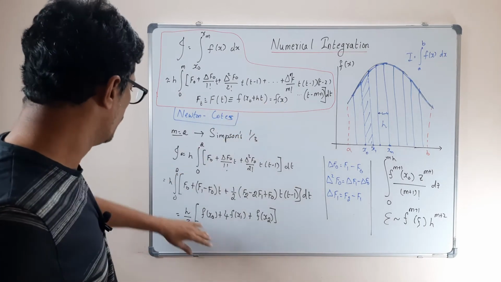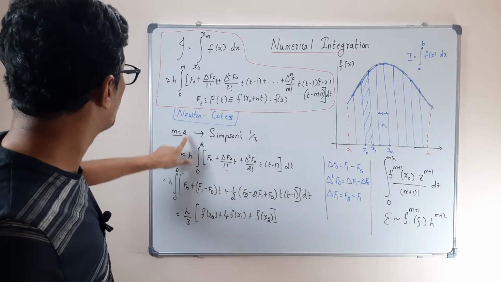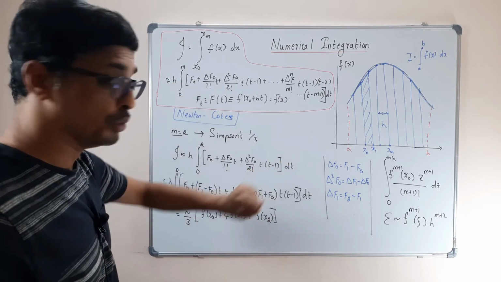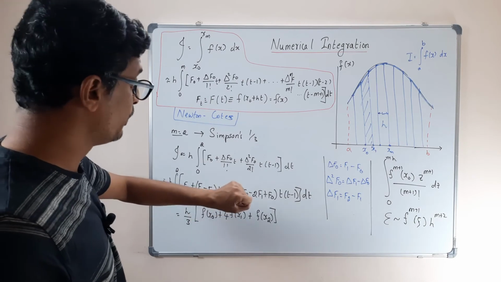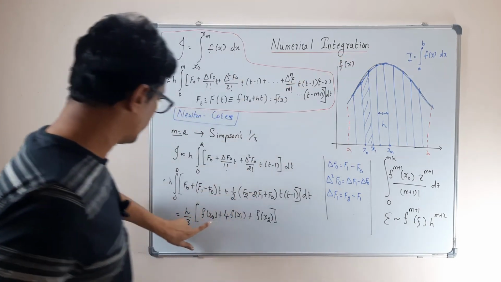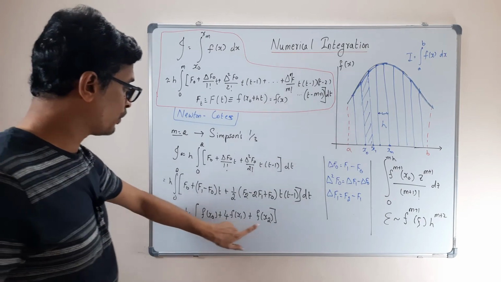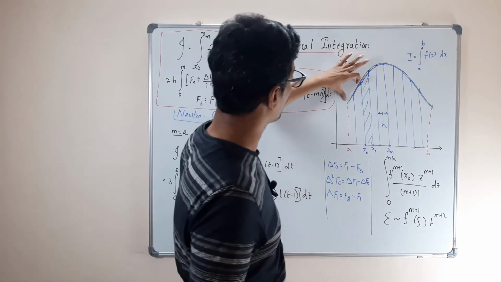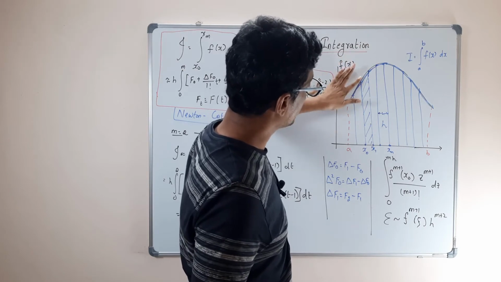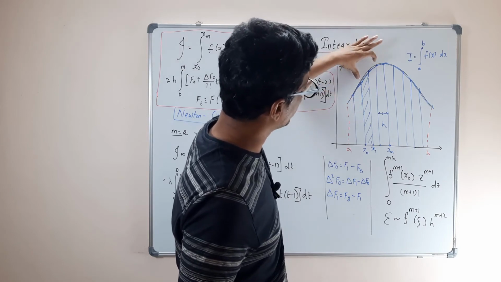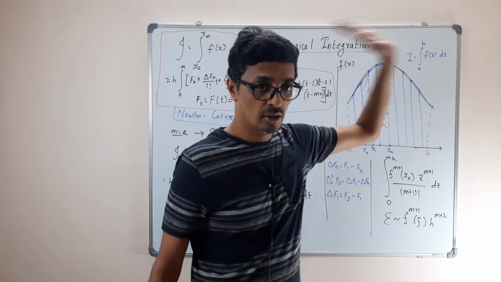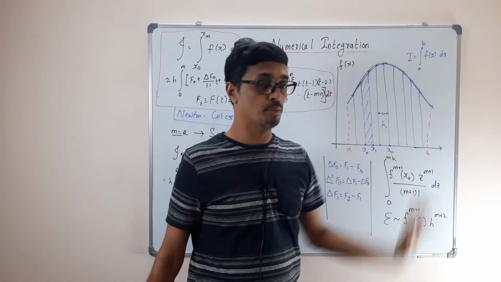So when m equal to 2, we are expressing the integrand as a polynomial of degree 2. Degree 2 means we need 3 points, so we take x0, x1, x2. You take these 3 points, get the integration, then take the next 3 points, get the integration, and keep adding.